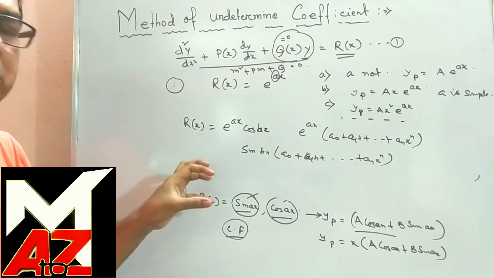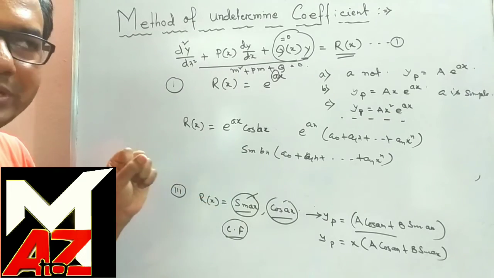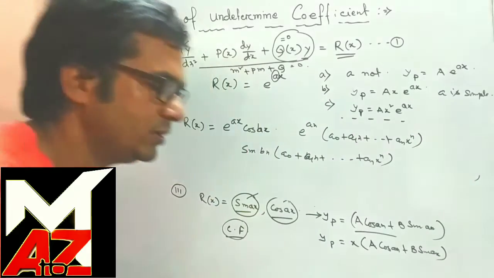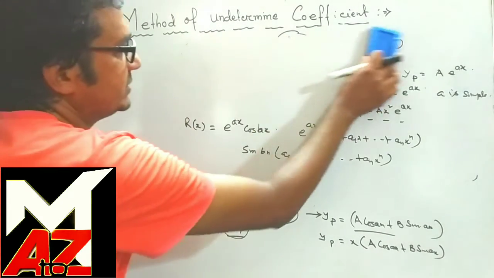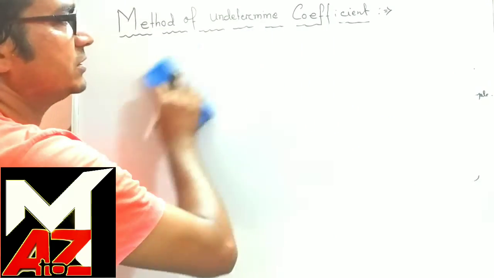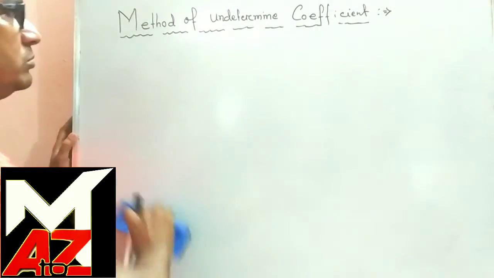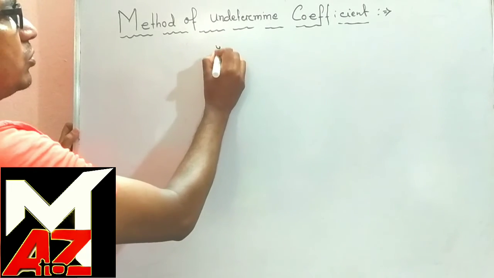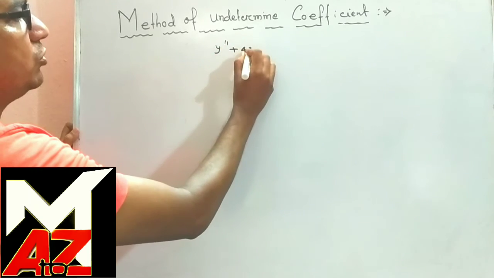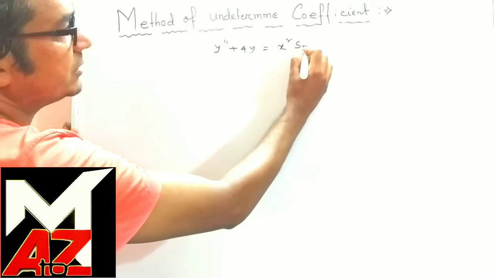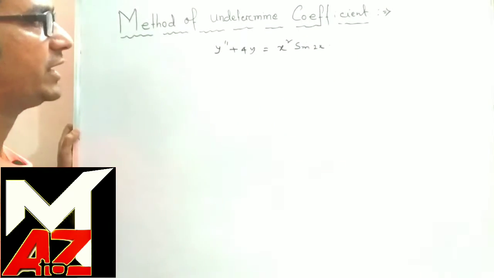Now to explain how we use this method, we take a very important, complicated example for a good explanation. Take y double dash plus 4y equal to x square sin 2x, right?